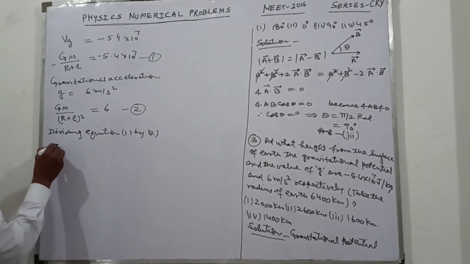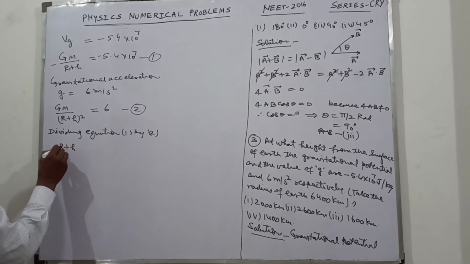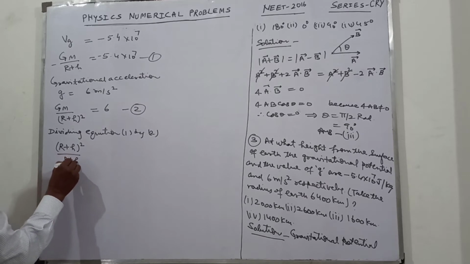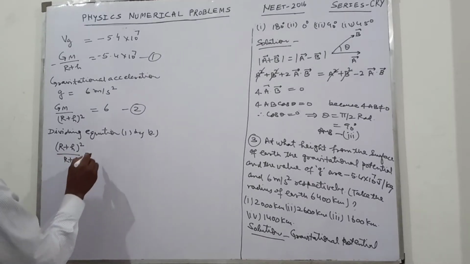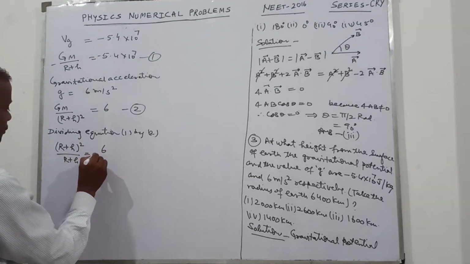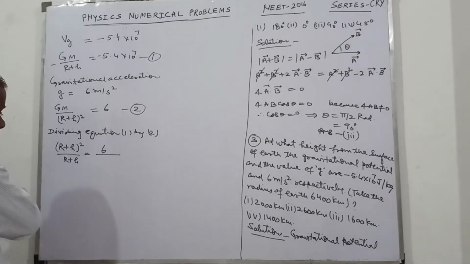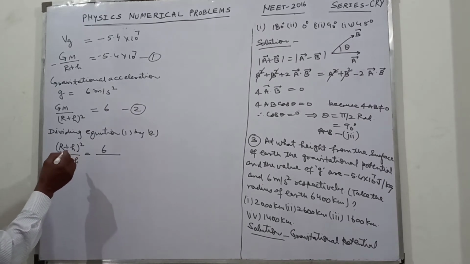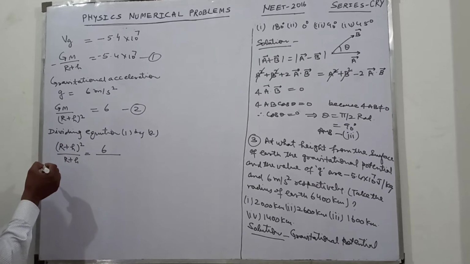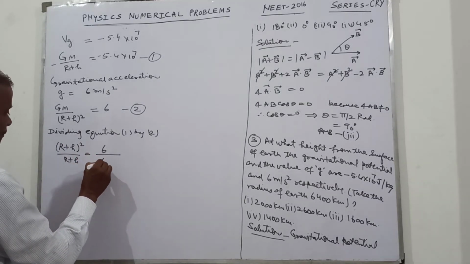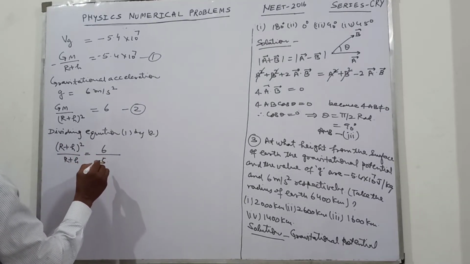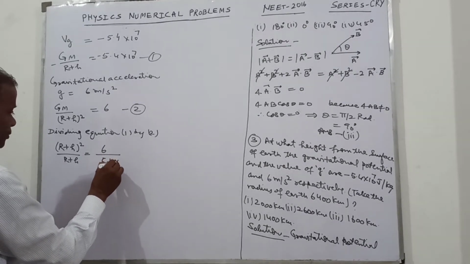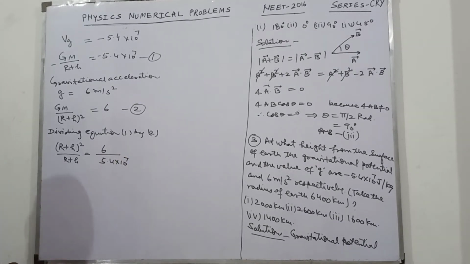What we have is R plus H whole square upon R plus H is equal to 6 upon 5.4 into 10 raised to the power 7.